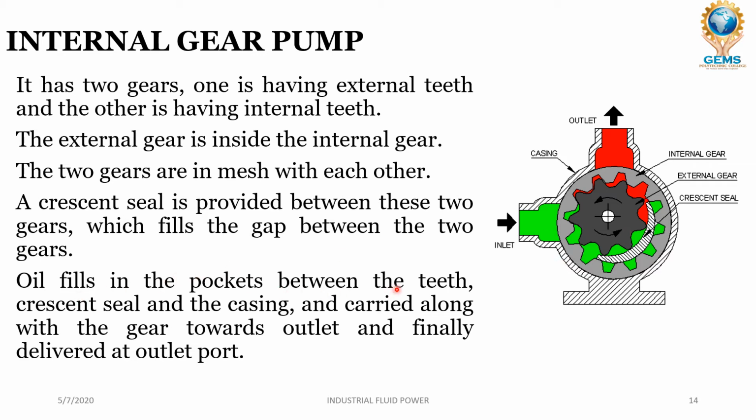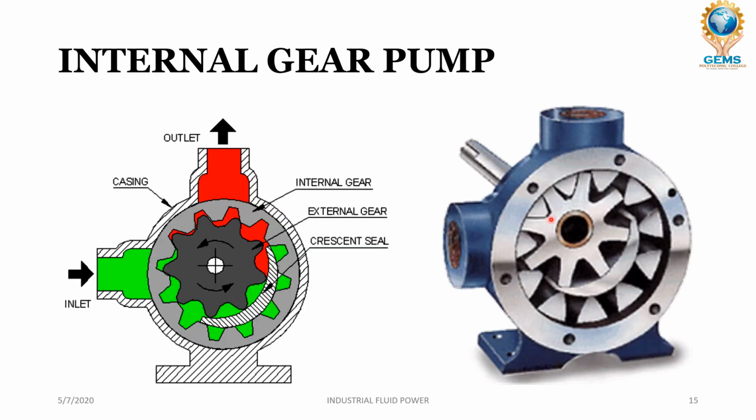Oil fills the pockets between the teeth, the crescent seal and the casing, and is carried along with the gear towards the outlet and finally delivered at the outlet port. So this is how an actual internal gear pump looks like.